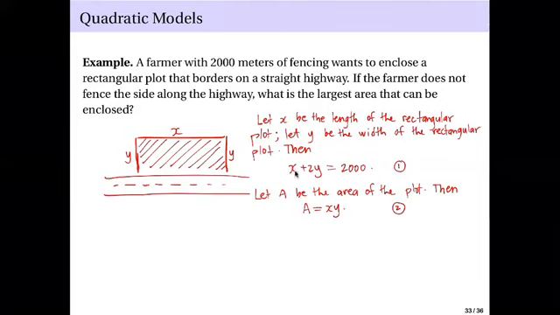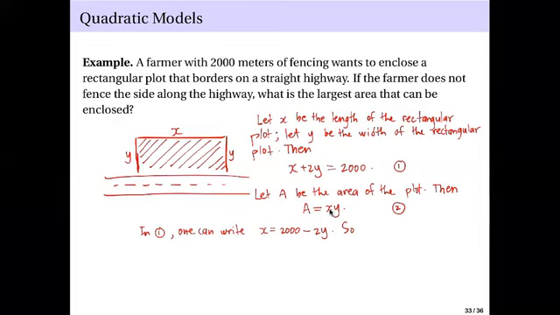So from here, we can easily isolate the x. In equation 1, one can write x equals 2,000 minus 2y. So, since we can write x equals 2,000 minus 2y, we can now write A as a function of only one variable.